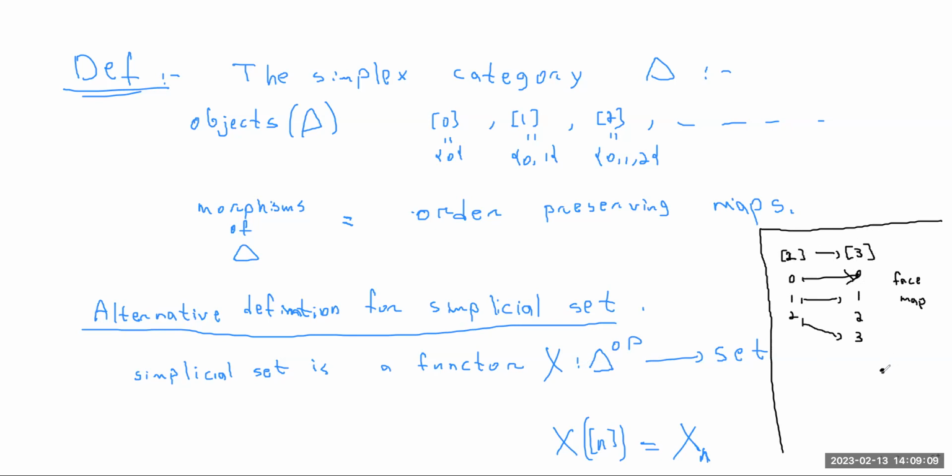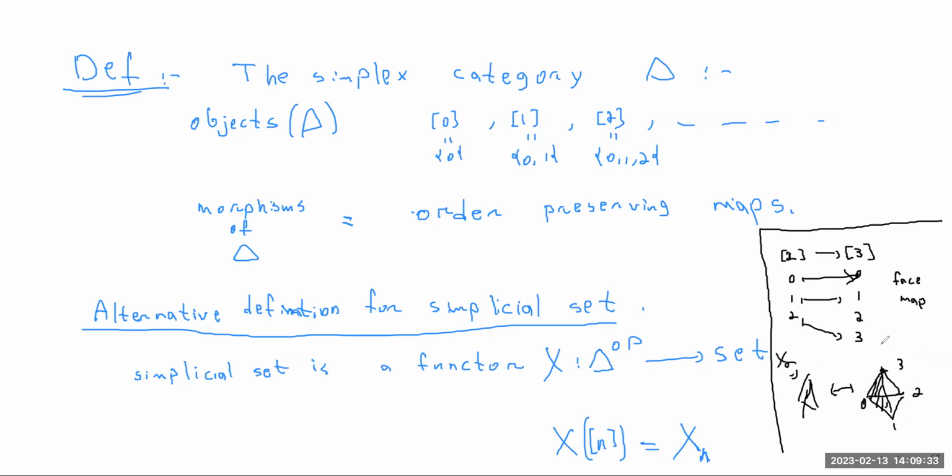We send something in X_3, like the pyramid 0, 1, 2, 3, and this gives me the corresponding face map. It sends this to this triangle in X_2.